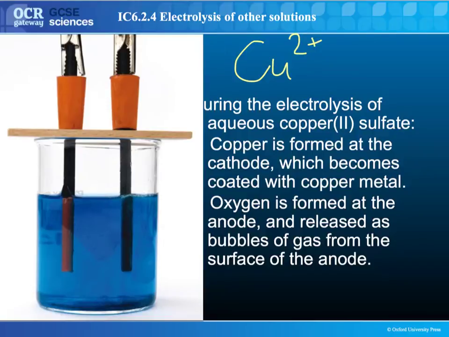Therefore, as a positive cation, it is drawn to the negative cathode. Oxygen, you might just be able to see bubbles of oxygen forming at the anode here. Oxygen is a negative ion, therefore it's drawn to the positive anode.